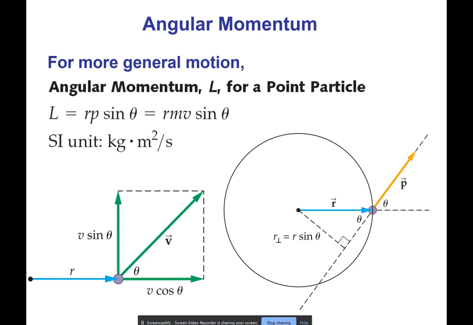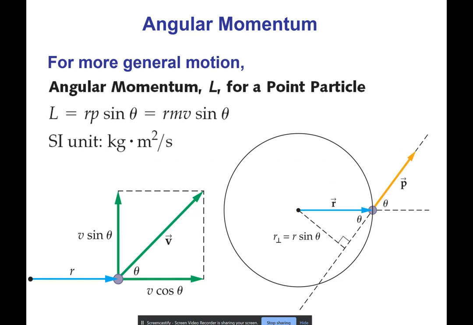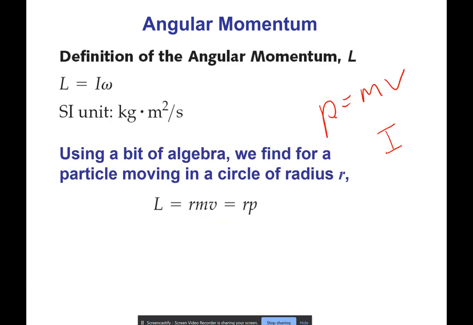Why do I keep doing that? Why is it mass squared, meters squared? No, meters is squared. Because you have your I, which is mr squared, times meters over seconds.